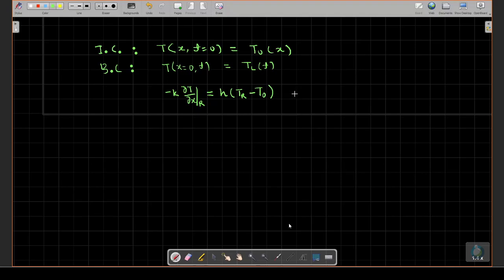If you simplify this, it will become k dT dx at right plus h T R, temperature at right, equals h T naught.